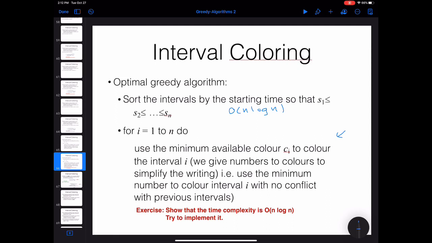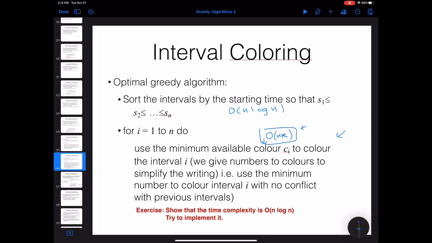If for each job, I check all of the colors to see if there is a conflict or not, I'm going to add another cost. If I'm going to use k colors, the time complexity of this loop will be O of nk if I just look at all the colors. But this is not good. This time complexity is not good. I'm going to try to find something better than this.